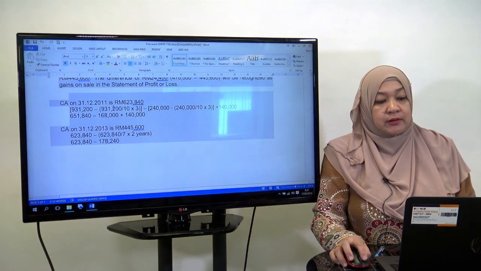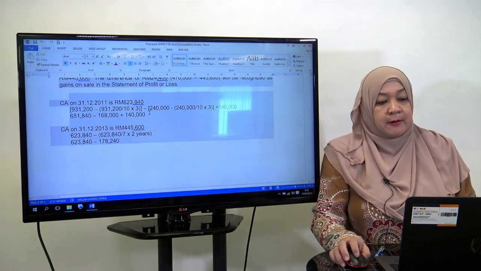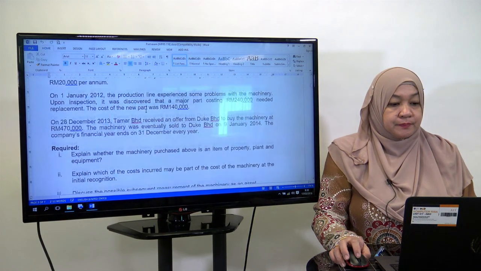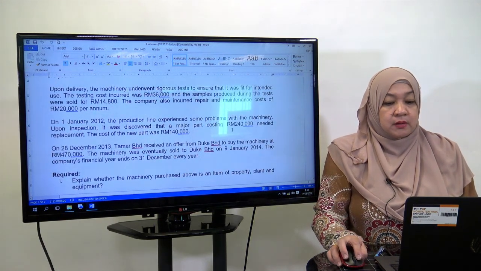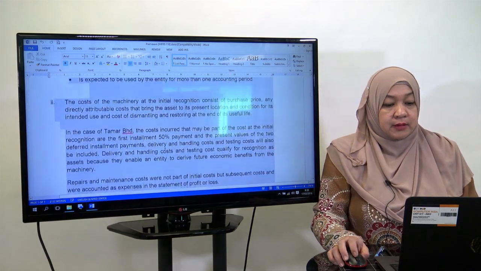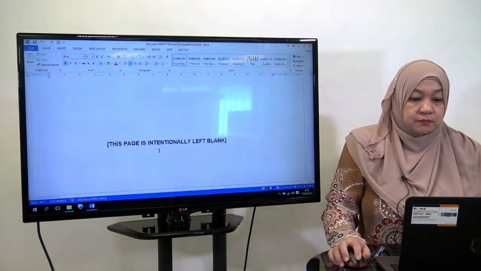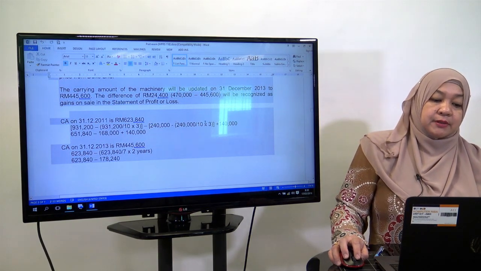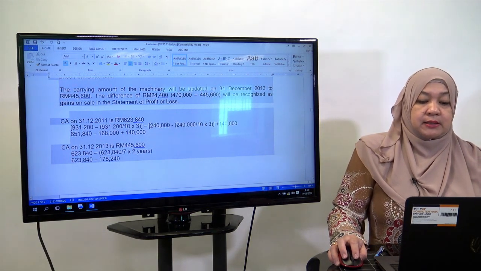So 931,200 divided by 10 years, times 3 years, minus 240,000 is the de-recognition of the old parts. Okay, so the minus 240 divided by 10 times 3, okay, plus the new parts.